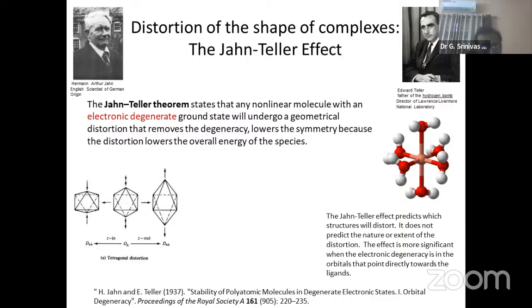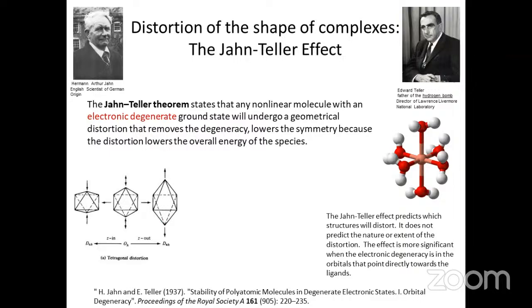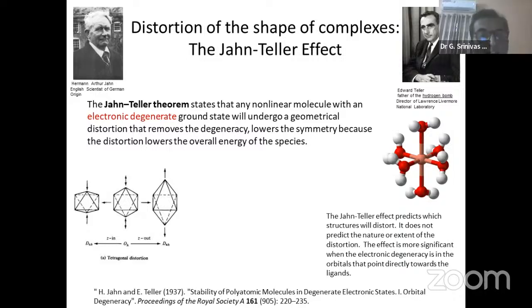Hello, are you there? Yes, sir. Yes. So the Jahn-Teller theorem states that any non-linear molecule with an electronically degenerate ground state will undergo a geometrical distortion that removes the degeneracy.